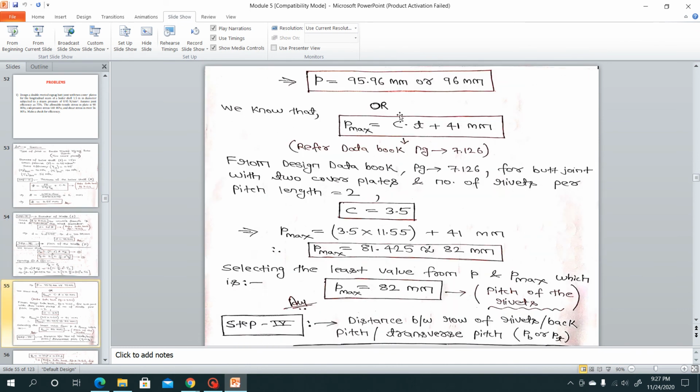Just substitute the value of C as 3.5 and the remaining values you know, you will get the value of Pmax, that is 81.425 mm or near about equal to 82 mm. If we compare P and Pmax, Pmax is the smaller value. So the corrected pitch of the given riveted joint is 82 mm, not 96 mm.